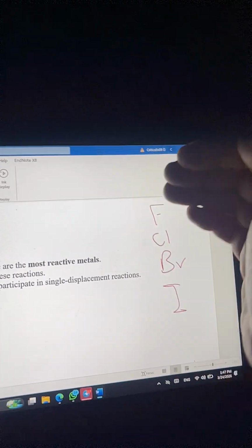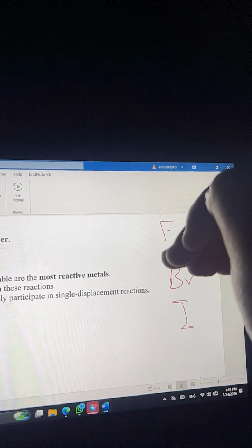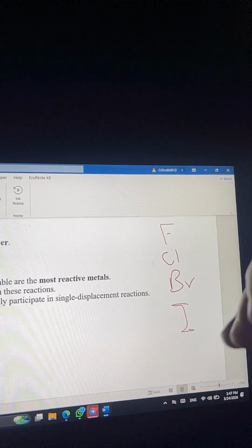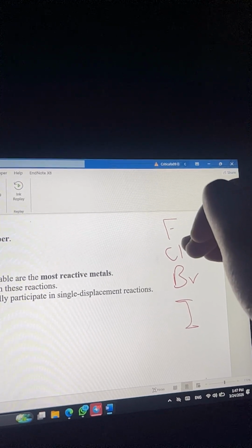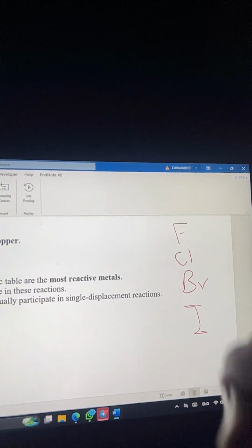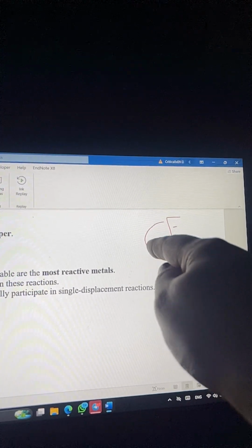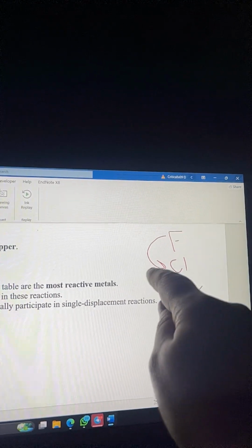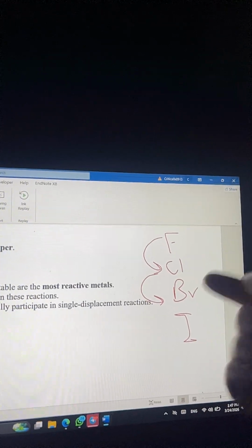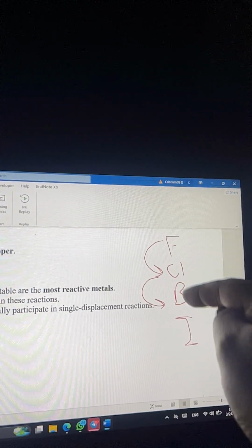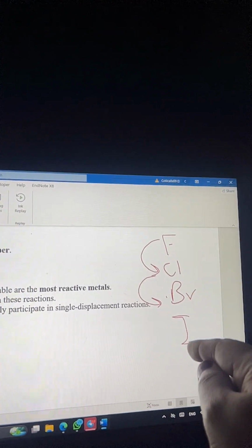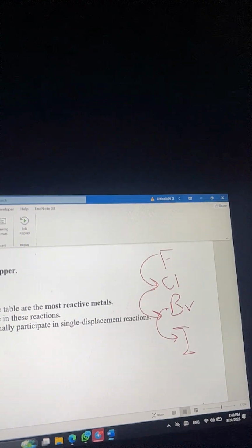So the upper one has the largest reactivity. Then chlorine has less reactivity than fluorine, but more than bromine. So fluorine can replace chlorine. Chlorine can replace bromine because chlorine is more active than bromine. Bromine is more reactive than iodine, so bromine can replace iodine.